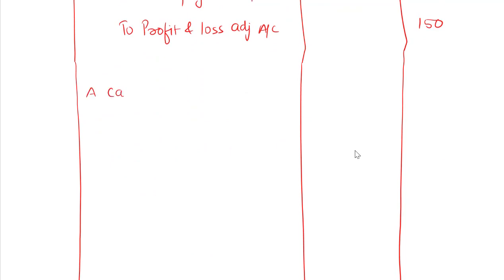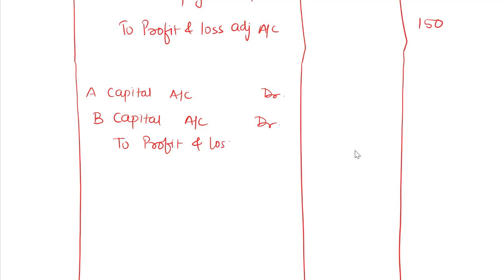So A's capital account debit, B's capital account debit, to profit and loss adjustment account. 4,650 minus 150 is 4,500.